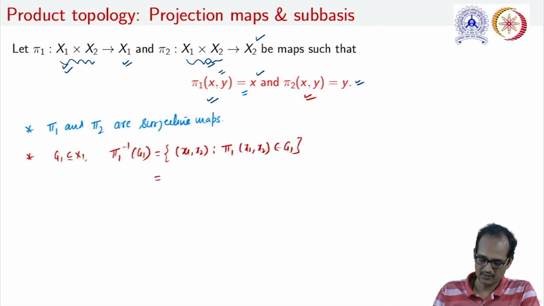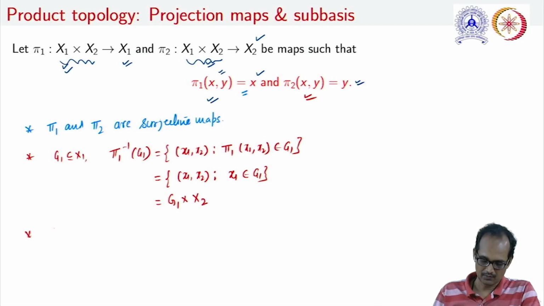This is the collection of all ordered pairs x1, x2 such that x1 belongs to G1, and from here we can write that this set is nothing but G1 cross X2.